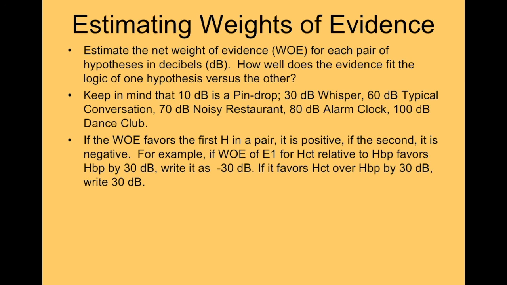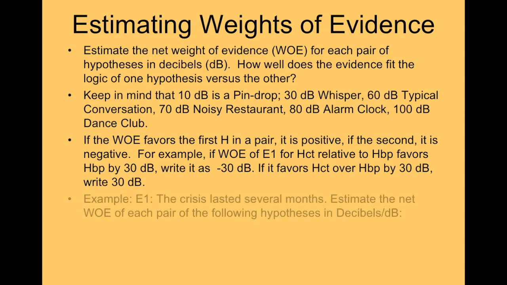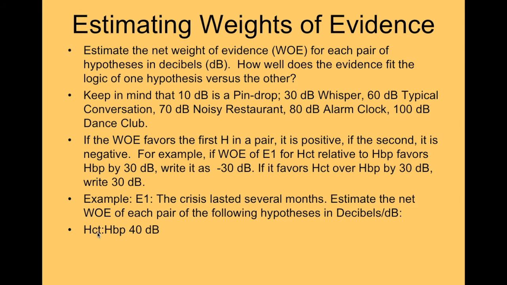If the weight of evidence favors the first in that pair, then you'll report it as a positive weight of evidence value in terms of decibels. If the weight of evidence favors the second hypothesis in the pair, you'll report it as negative. So let's look here. We're comparing the credible threat hypothesis versus the balance of power hypothesis.